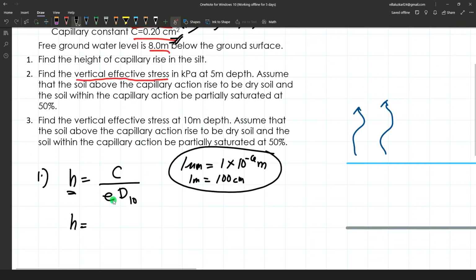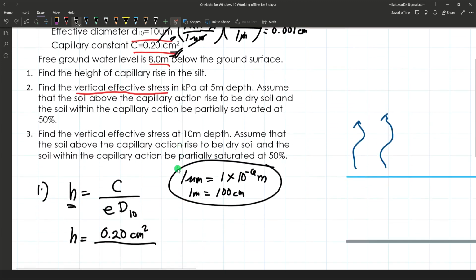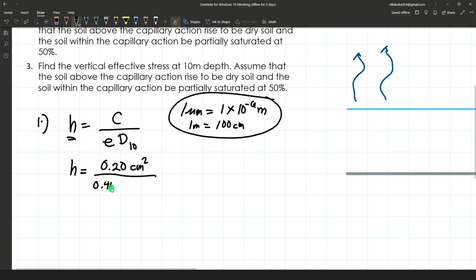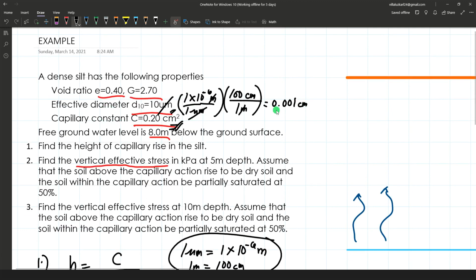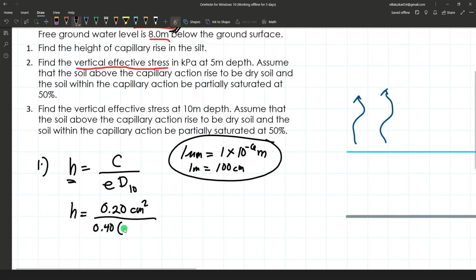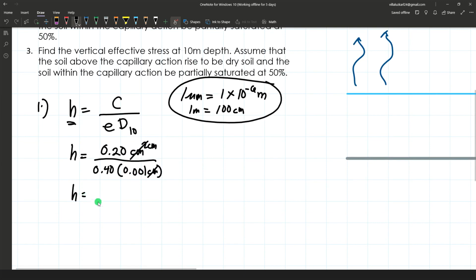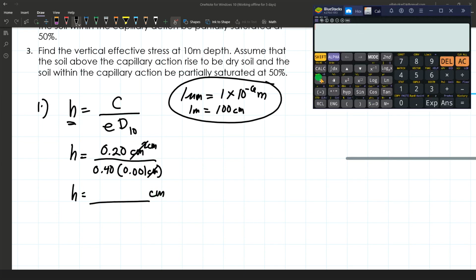So C is 0.20 square centimeters divided by e, 0.4, and D10, the effective diameter, 0.001 centimeters. So centimeter will be cancelled out. We only have centimeters, so the capillary action is in centimeters.